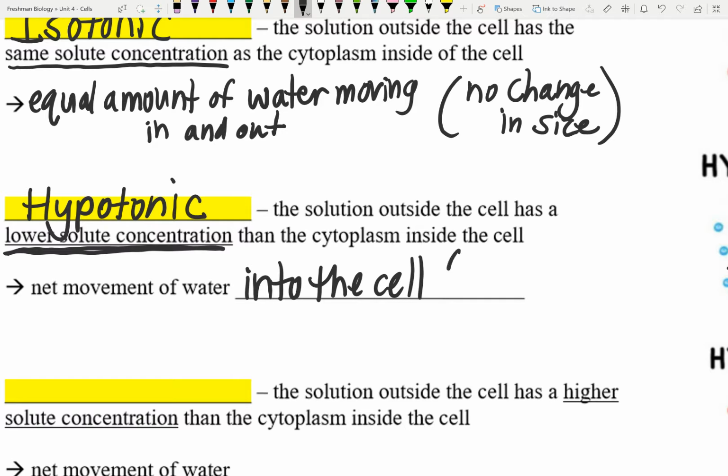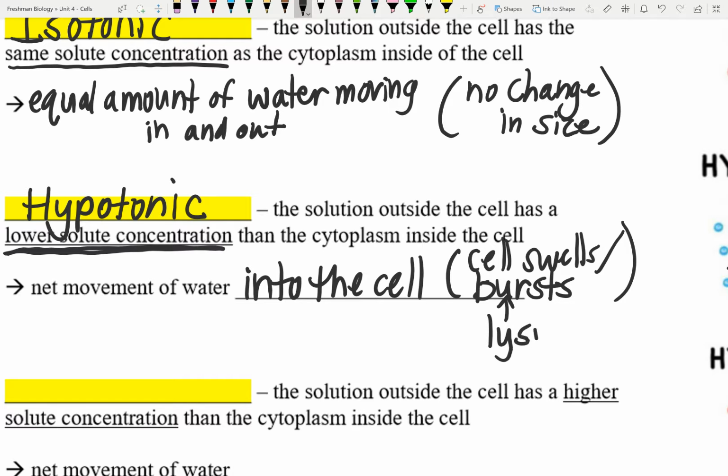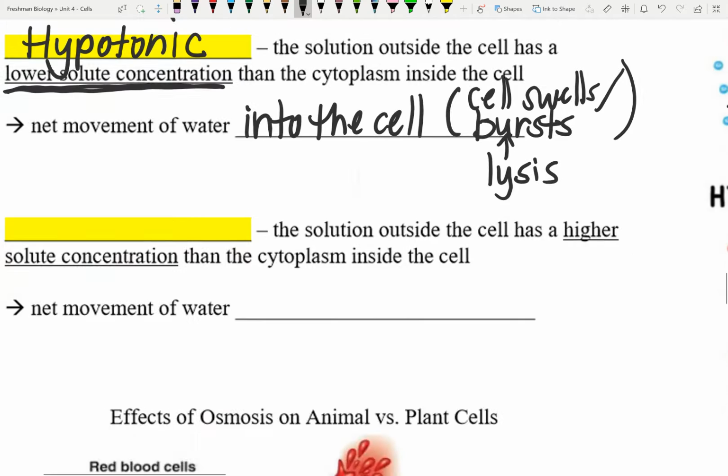And our cell swells or potentially even bursts. If there's no cell wall around it and enough water enters, it can burst. That's also known as lysis, when a cell bursts.